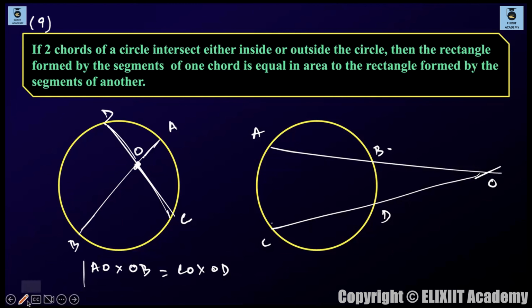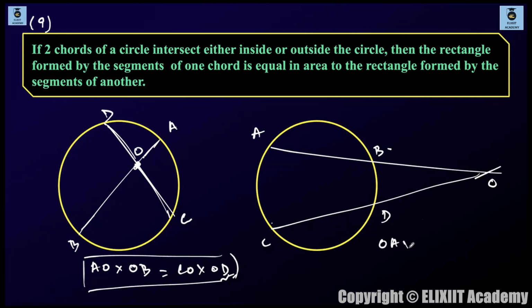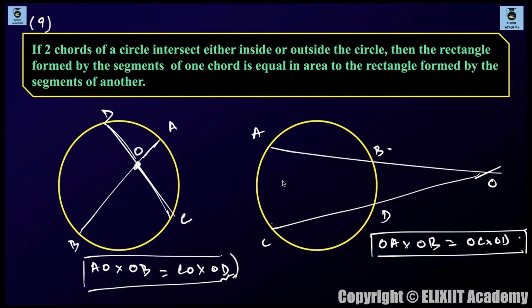OA times OB, full length, equals OC times OD. The statement will not change. Be it externally, be it internally, this will still remain the same.